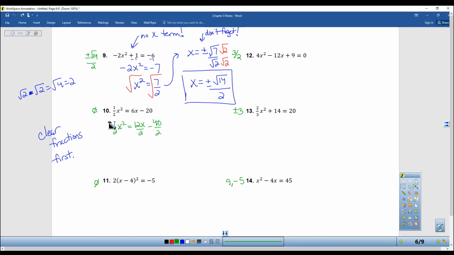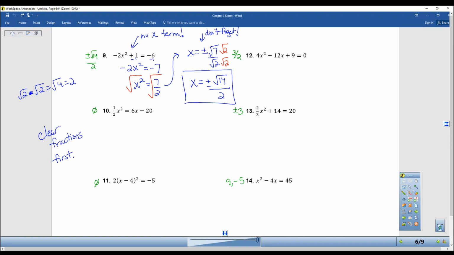And then you can see that if you multiply both sides by 2, you're going to get x squared plus 12x, because when you multiply by 2 and it's being divided by 2, it goes away. Oops, equals minus 40. You're welcome to do that. I will not be doing that this year.